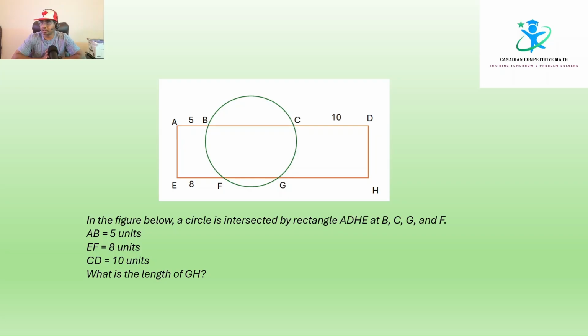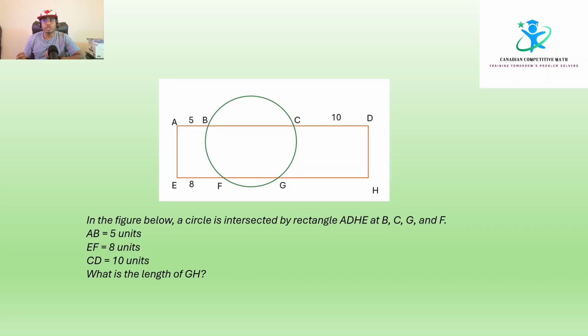In this question, we have a rectangle ADHE. It is being intersected by a circle shown in green. We don't have any information on the length or the height of the rectangle, or on the radius of the circle.